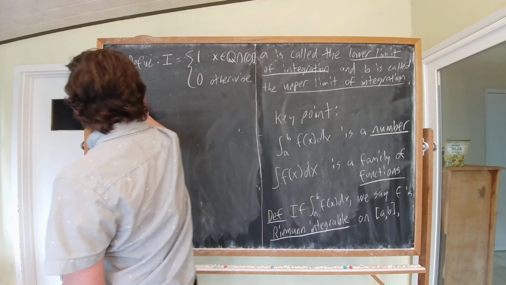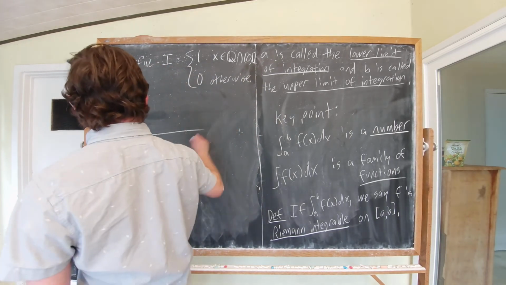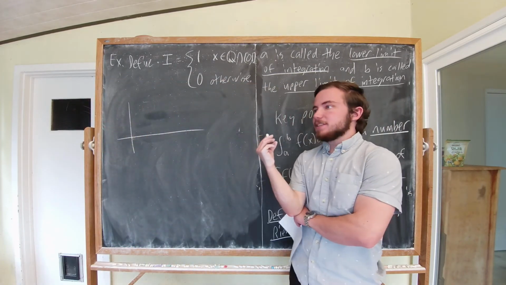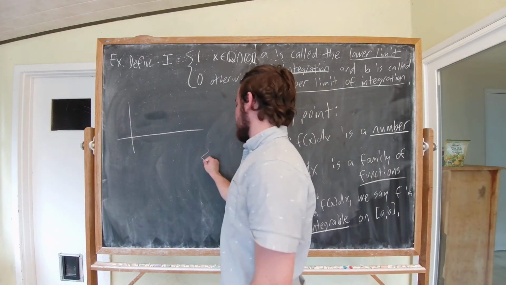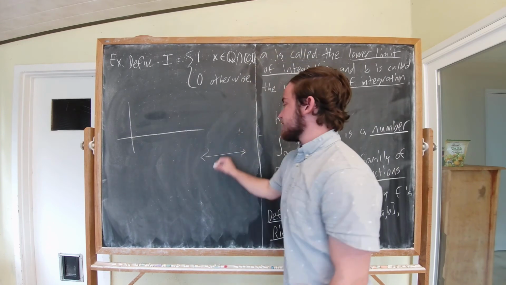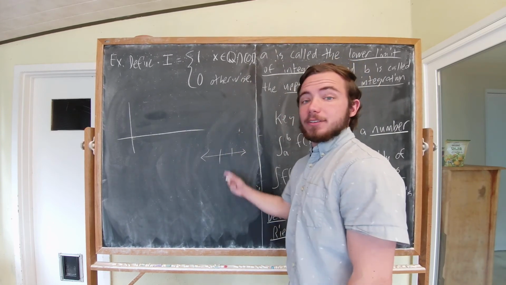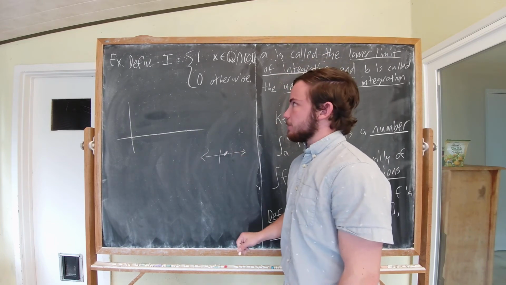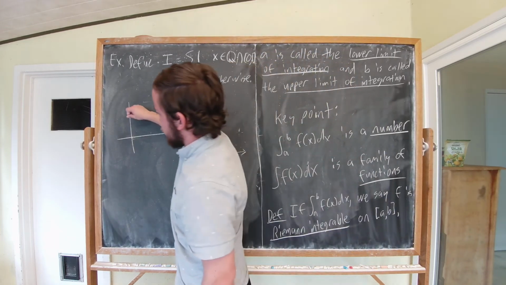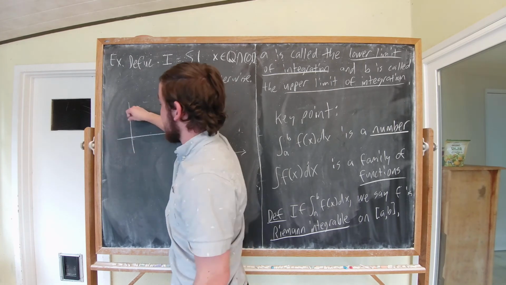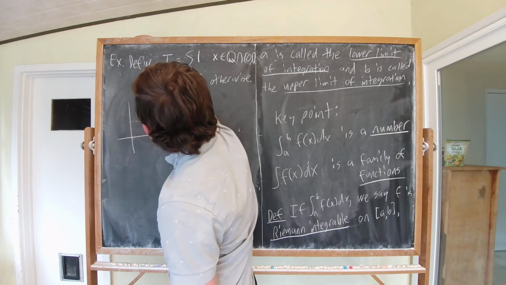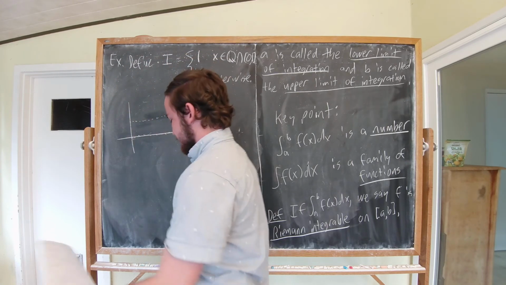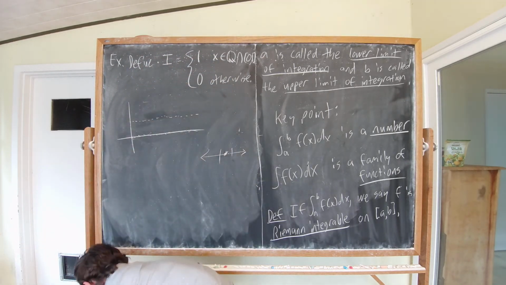And if you graph I between 0 and 1, well, it's a theorem of real analysis that anytime you pick 2 points on a number line, there's always a rational number between them. So this function, if you were to try to graph it, you can't. It would look like a bunch of dots up there and a bunch of dots down there.